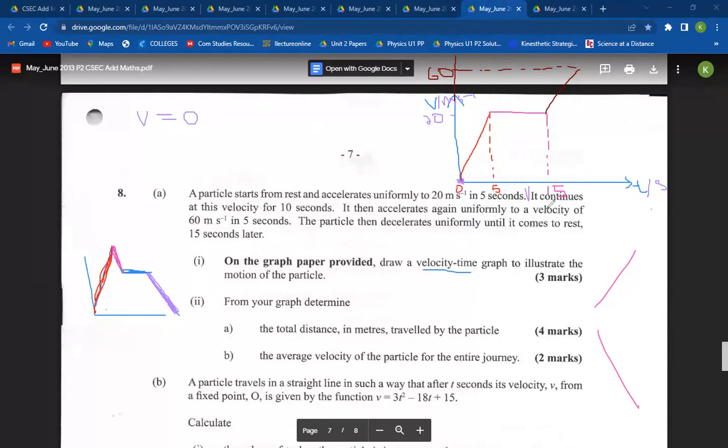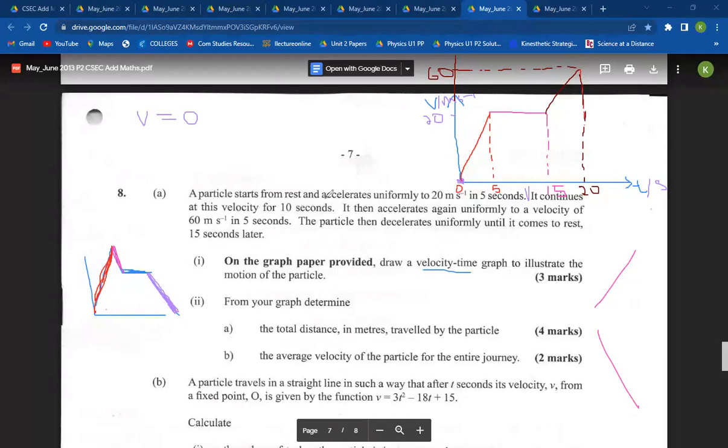So from this 15-second mark to whatever the point, it took me 5 seconds. So it took me 5 seconds to go from here to up here. 15 plus 5. Let me use the finger. It took me 5 seconds to go from this point to this point. So 15 plus 5, this is 20, would be right here.